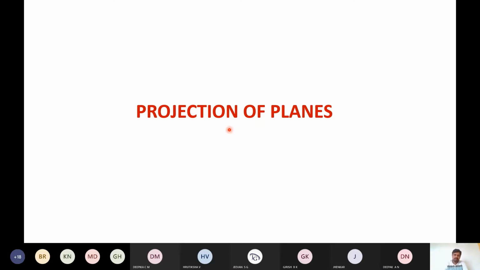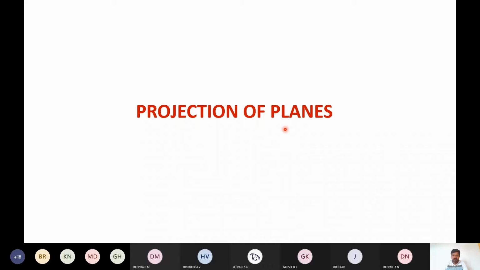Okay, so before going to that, what do I mean by plane? Whether it is a two-dimensional object or three-dimensional object, plane. Okay, if you consider a surface, whether surface is two-dimensional or three-dimensional. Surface. Two-dimensional. Okay. 2D.